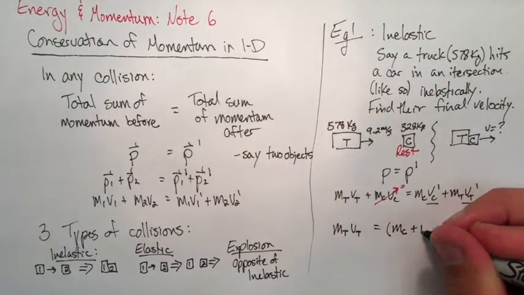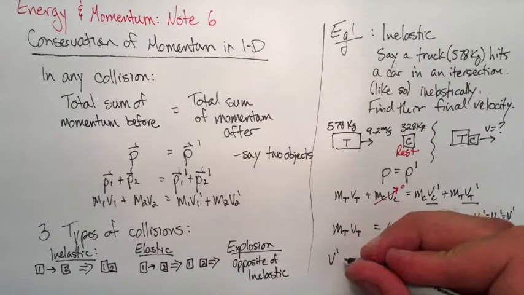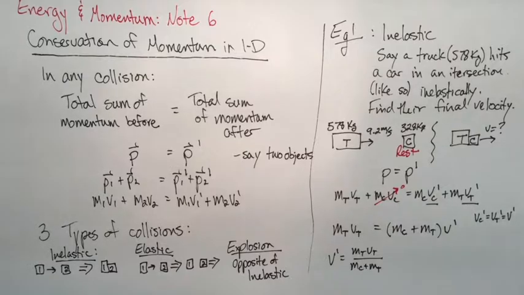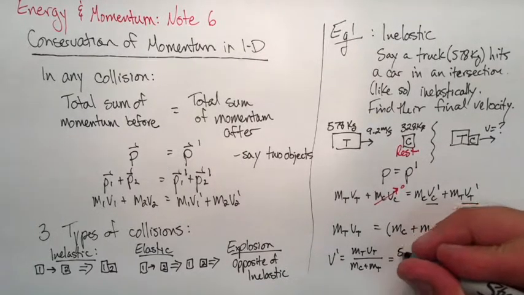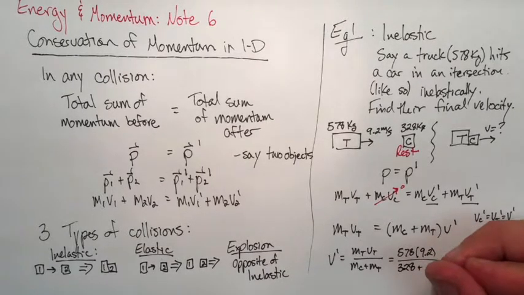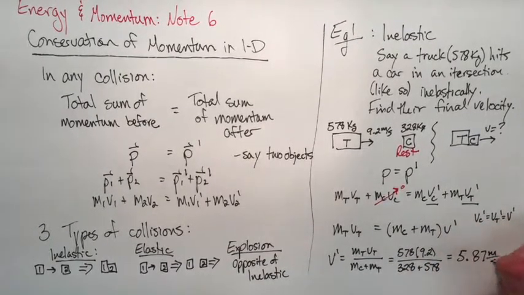So we're just going to call both of those terms V prime, and we can factor it out of both of those masses. Now let's solve for the V prime. We rearrange our equation, put in our numbers, and we find that it has a final velocity of 5.87 meters per second. This should be less than the initial velocity of the truck, and if we look up above, it is. It's less than 9.2.